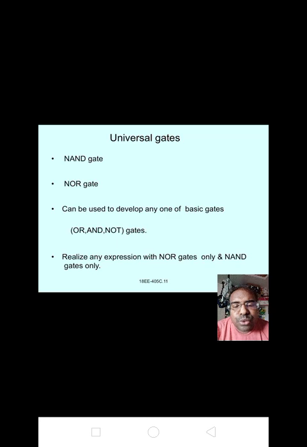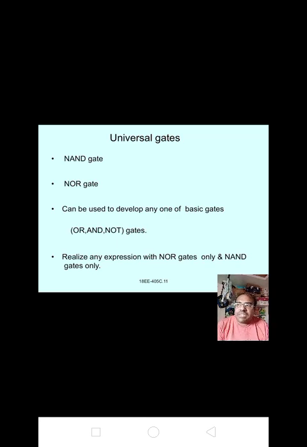They can be used to develop any one of the basic gates, that is OR, AND and NOT gates.